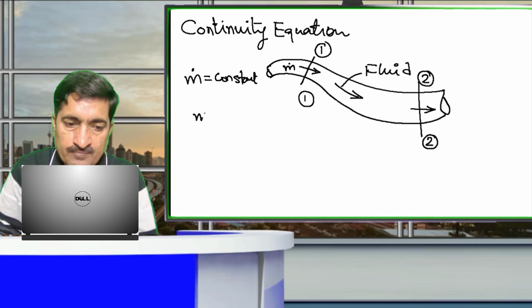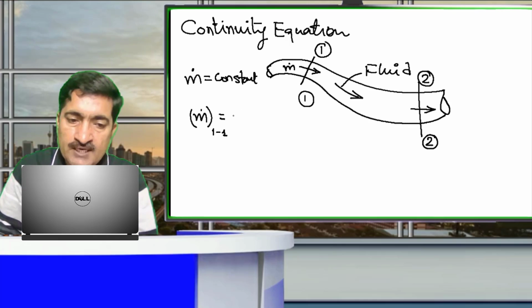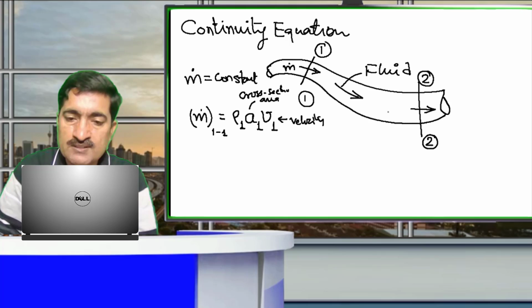The mass flow rate at section 1 is equal to the density at section 1, rho 1, times the cross sectional area at 1, a1, times the velocity at 1, v1.